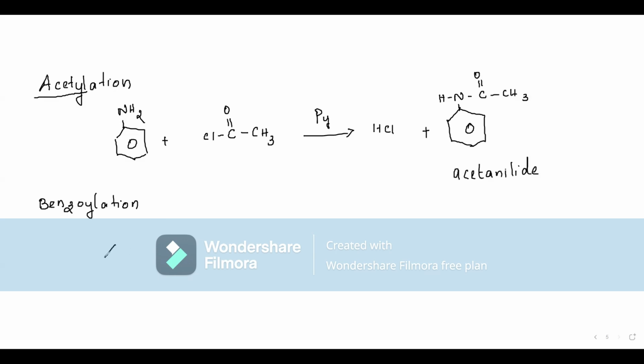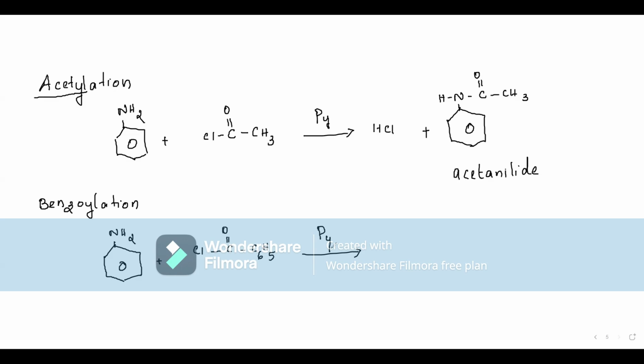Benzoylation. Now, in benzoylation, what is it that we are taking? Benzoyl chloride. So this is aniline, and treat it with Cl, CO, C6H5. You can write C6H5 or you can draw the ring as well.